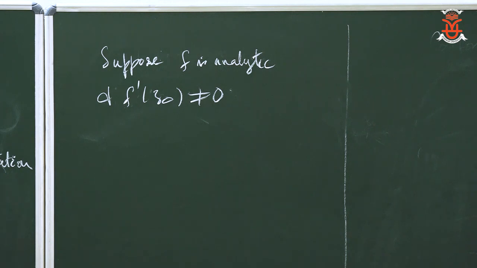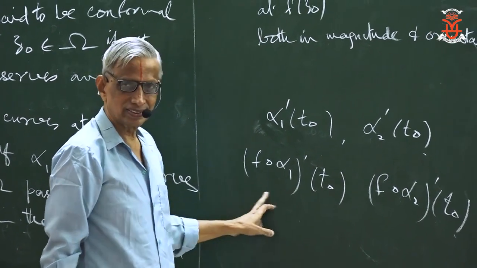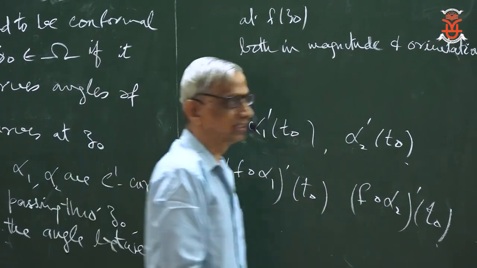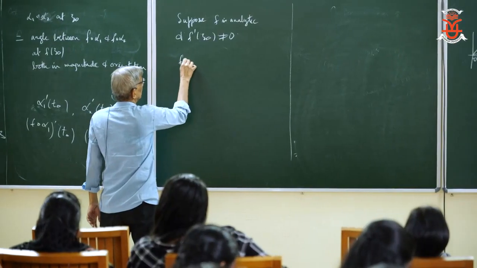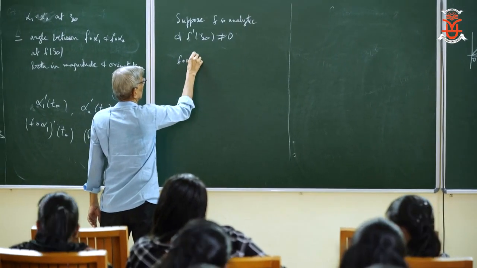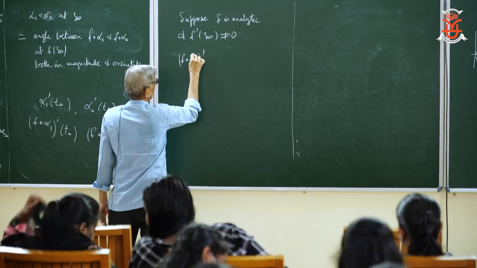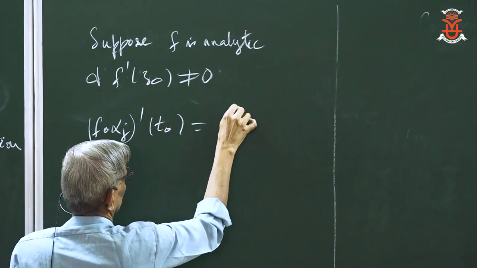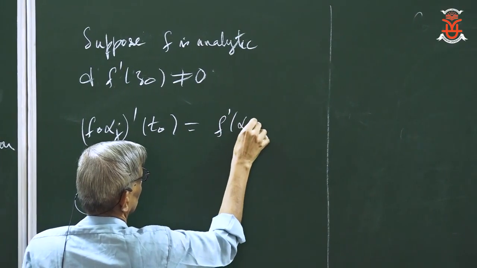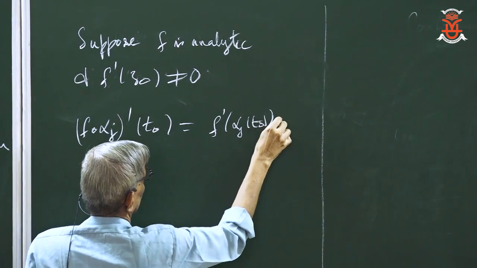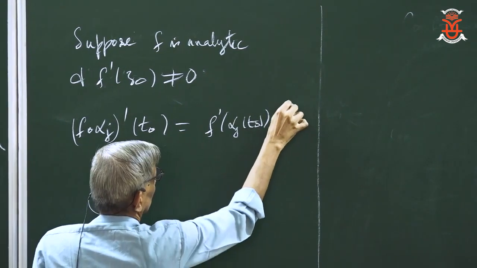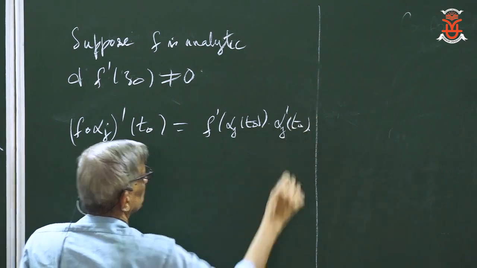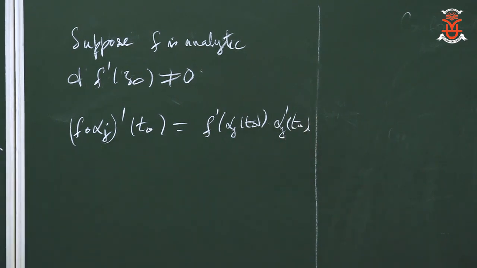The derivative at the point concerned is non-zero. So what is this in this case? If you assume that f is analytic, right, the chain rule. So what is the argument of this?